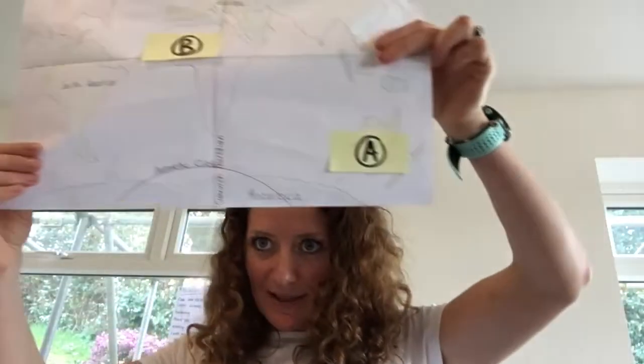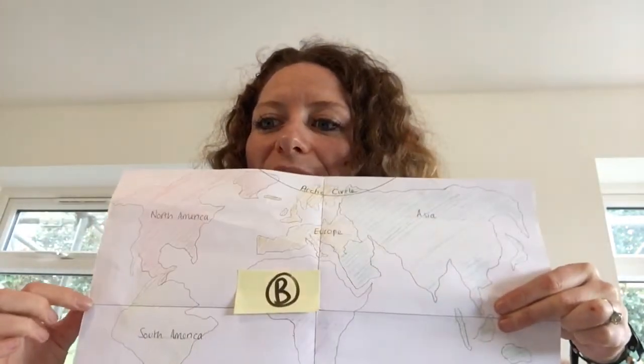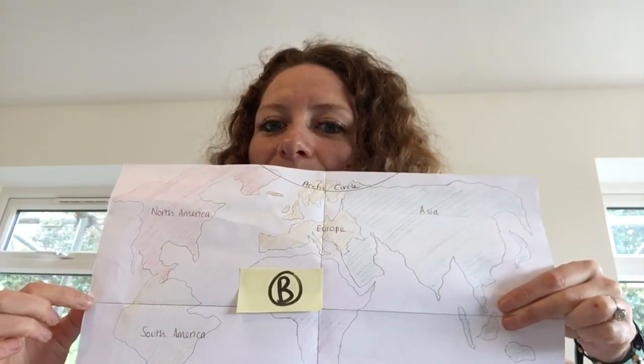Okay, there you go. So now we're going to go on to question 5. What was the name of the line that separates the top part of the Earth from the bottom? So what was the name of that line? Okay, question number 6.